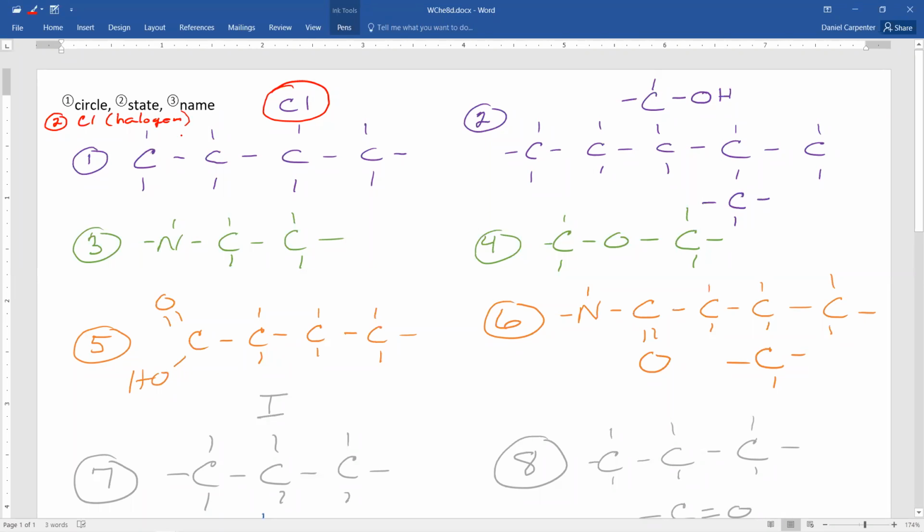And you might not know right off the top of your head that chlorine is a halogen. So you say, well, no, it's not an N, it's not a double bonded O, it's not an OH, it's not an O between two carbons. Well, the other thing is halogens. Let's see if chlorine is in the halogen group or not. I guess that's how I'd work it out if I didn't remember Cl was a halogen. But anyway, that makes this a halide.